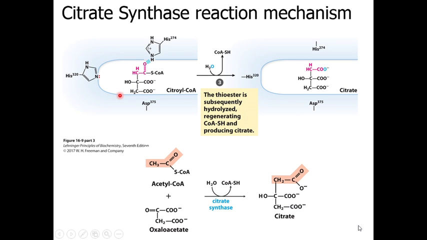In the further reaction, water in the active site hydrolyzes the thioester, which is the citryl coenzyme A, and pushes out the coenzyme A. This results in the formation of citrate, and hence the reaction between oxaloacetate and acetyl-CoA results in citrate.